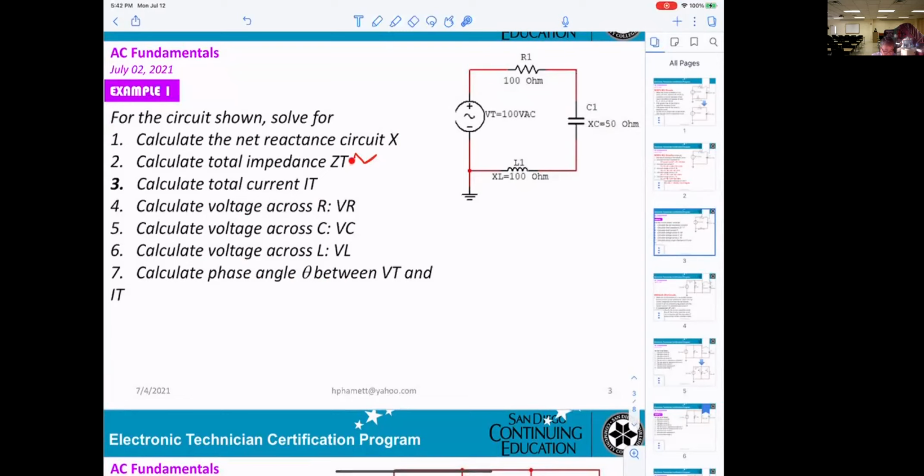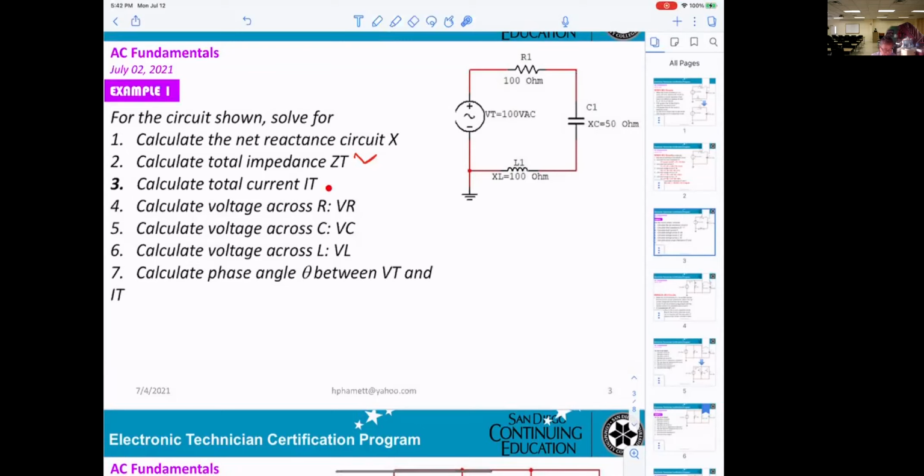You're going to calculate the total impedance. Basically you can get a new circuitry with 100 ohm and XL 50 ohm. Then you calculate the total impedance, square root of R squared plus X squared.